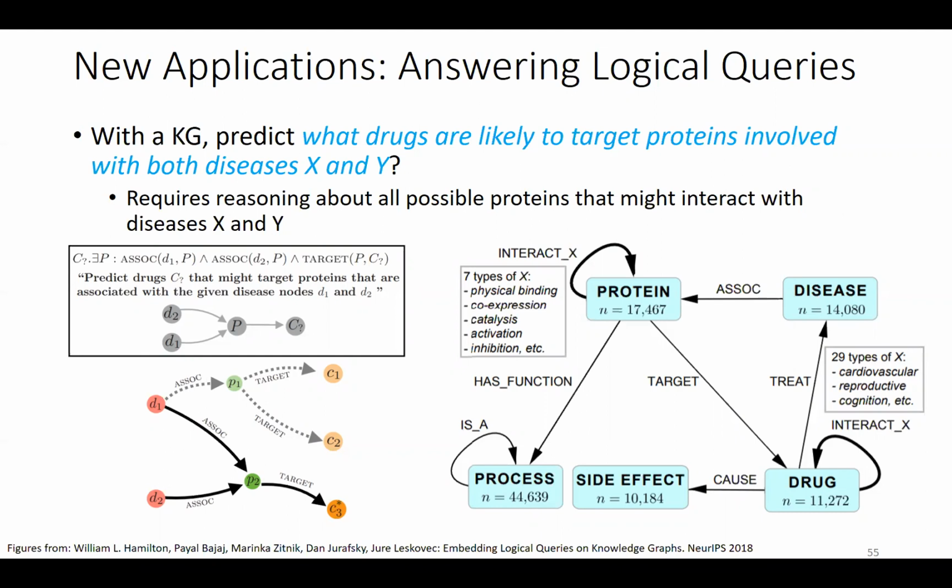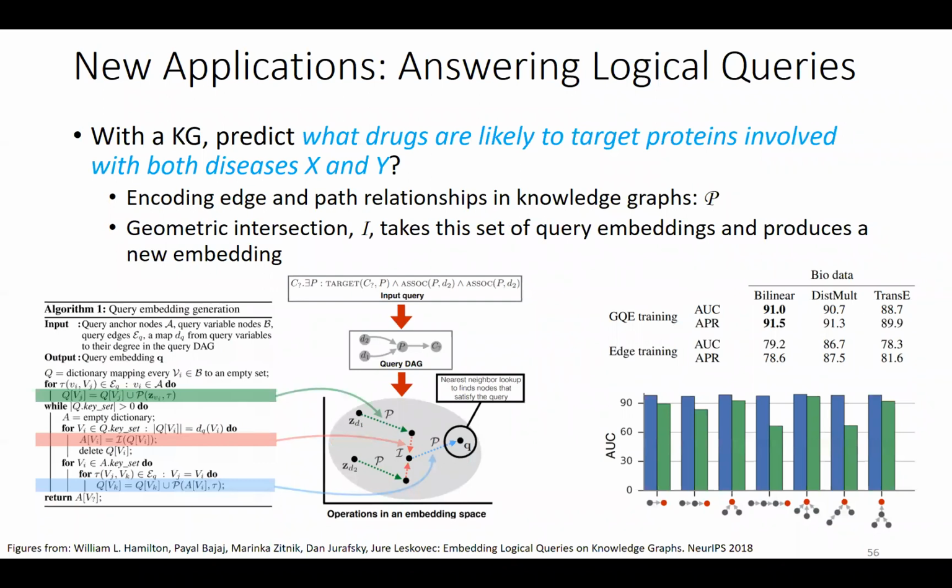Then they apply this kind of QA problem to a reasonably large knowledge graph containing drugs, diseases, proteins, side effects, and processes. In general, the intersection operations can be done in the continuous geometric space instead of by symbolic inference. In this example, firstly, they identify two diseases, and then they attend to two proteins, and then they perform an intersection operation over these two proteins, and compare with the result.